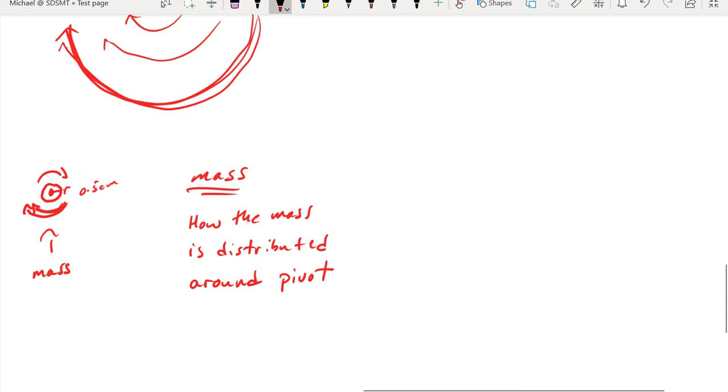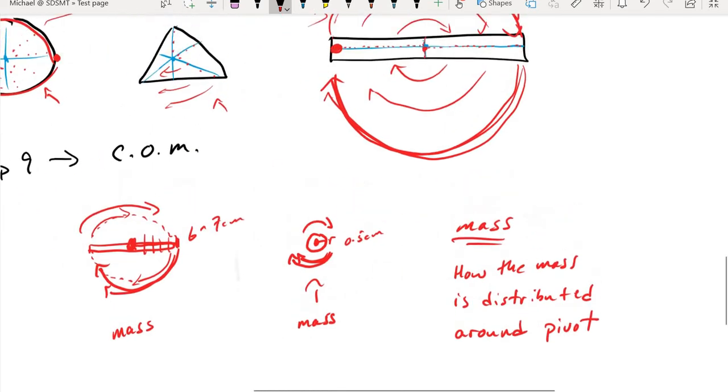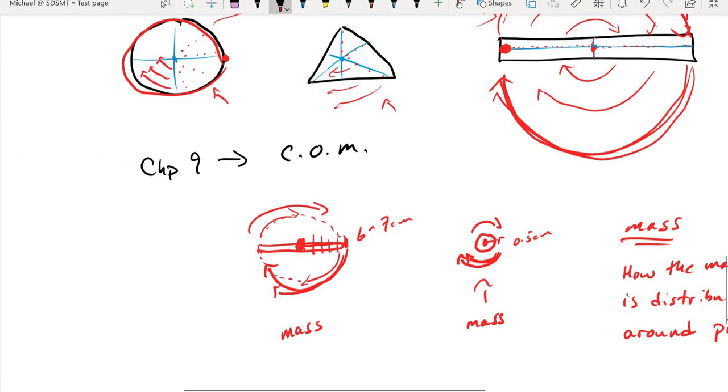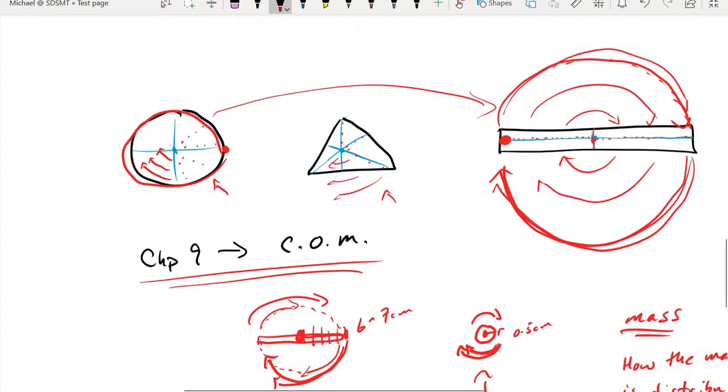What we need to do is we basically need to add up all of the individual particles of mass with respect to their individual locations. And if that sounds familiar, it kind of is, because that's what we did back in Chapter 9. We were finding the center of mass for the object.